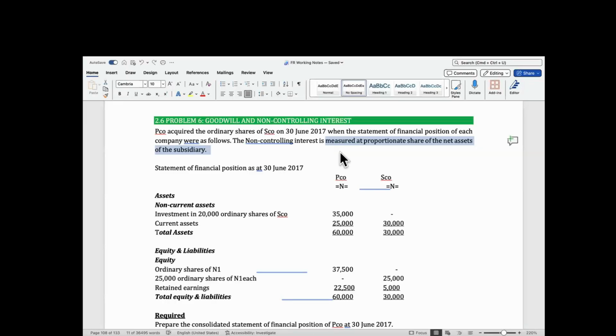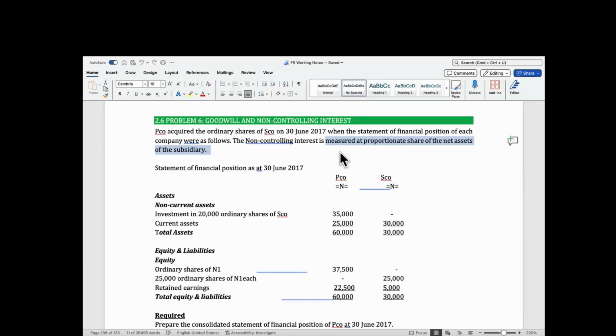The parent has a choice of measuring this non-controlling interest at proportionate share of the net asset of the subsidiary. By the way we got it, it's determined as just the percentage of the NCI multiplied by the net assets of the subsidiary at the date of acquisition.